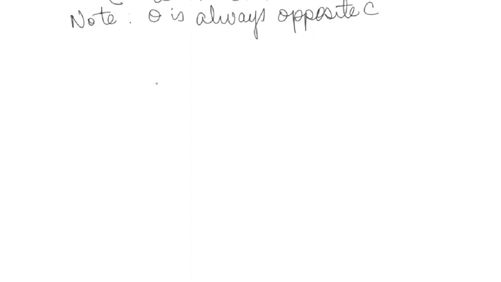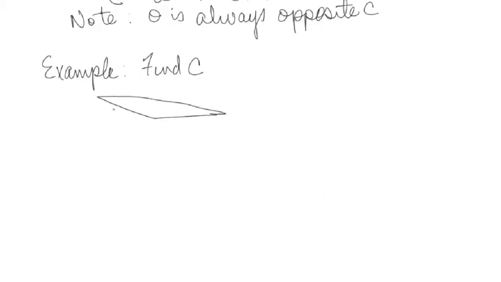Quick example of how this works. Given the triangle below, find the length of side C. The sides are 20 and 30, and the angle is 140 degrees.